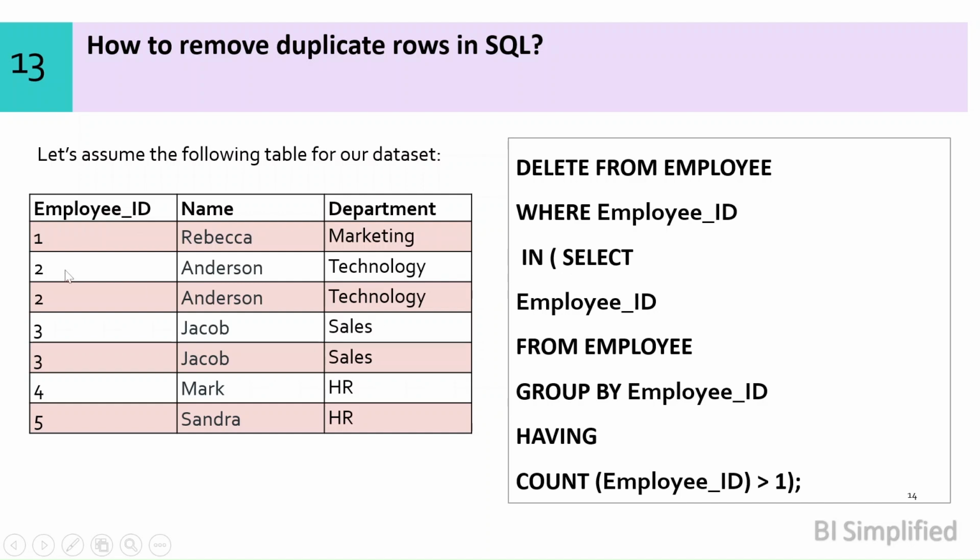So this query will give the count as 2 for employee ID 2, because there are 2 records. For 3, it will return the count as 2 because there are duplicates. But for 1, 4 and 5, it will return only 1 because there are no duplicates.